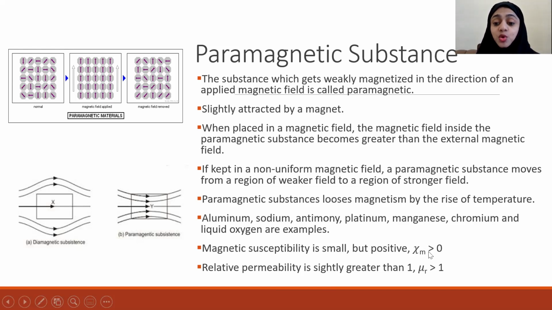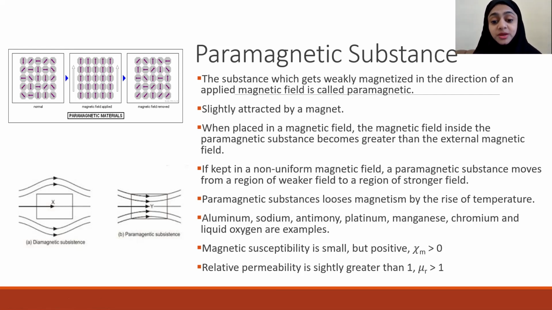Chi m is more than 0, which means that the intensity of magnetism produced inside the material will be a small value, and it will be in the direction of the applied magnetic field. That is why it is positive.